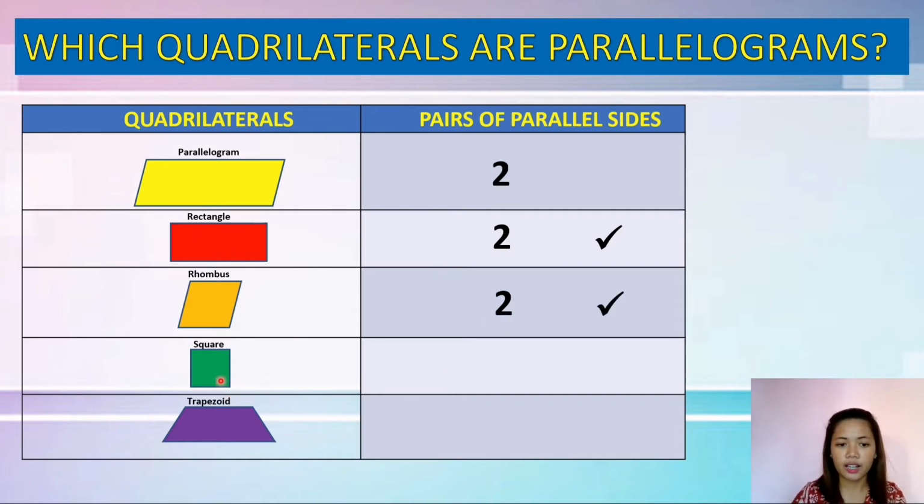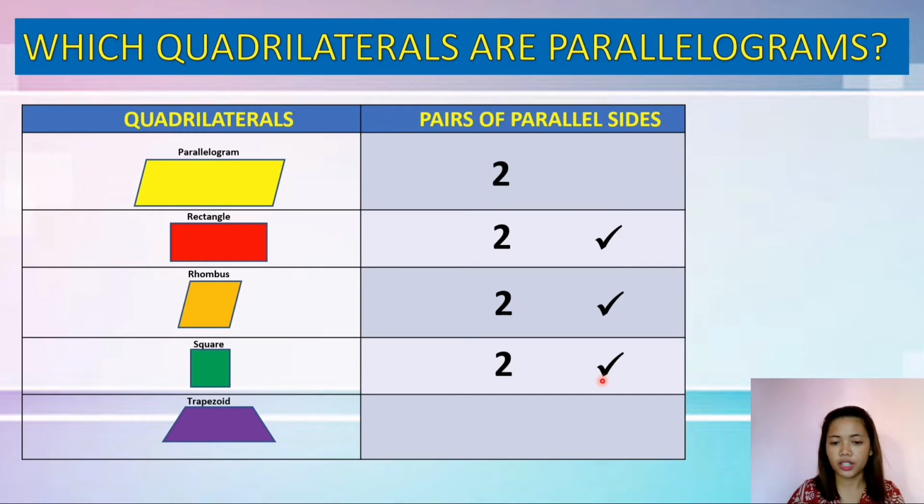How about a square? A square is a quadrilateral with four congruent sides and four congruent angles. Since a square has four congruent angles, the opposite sides of this square are parallel to each other. Therefore, it has two pairs of parallel sides, which makes it a parallelogram.